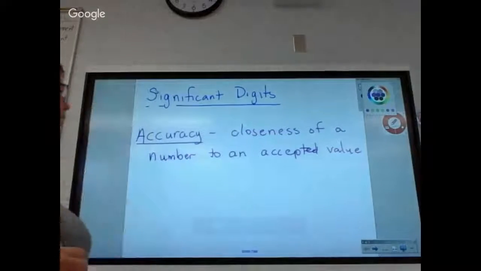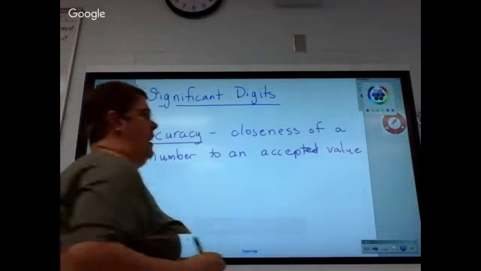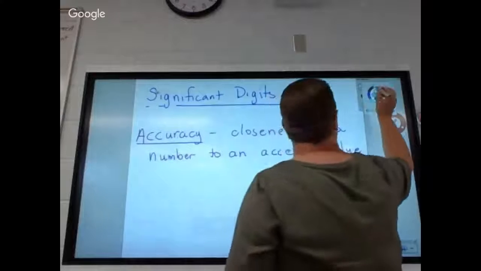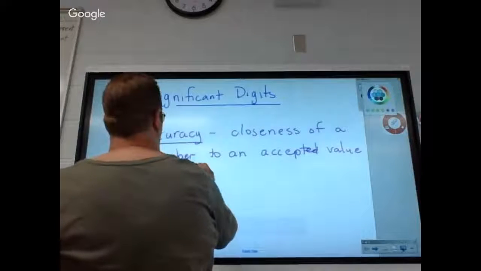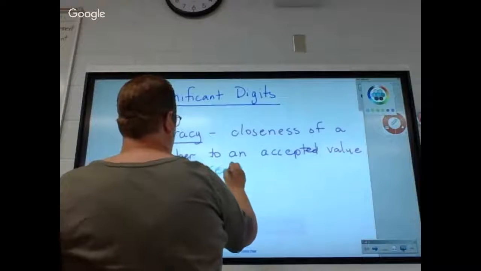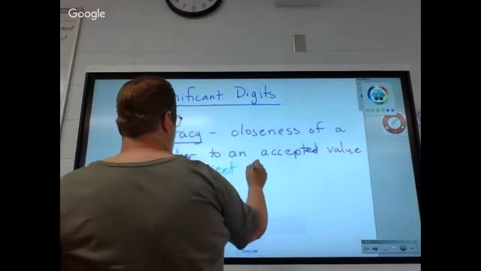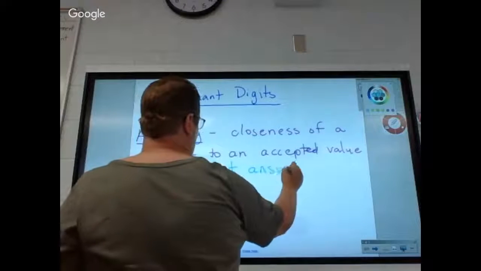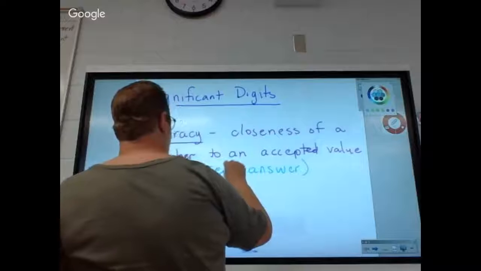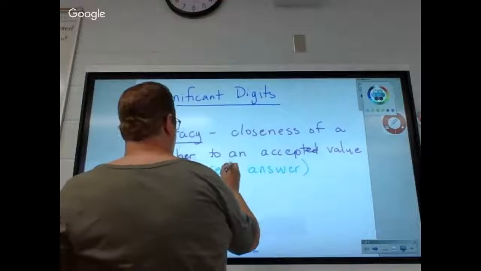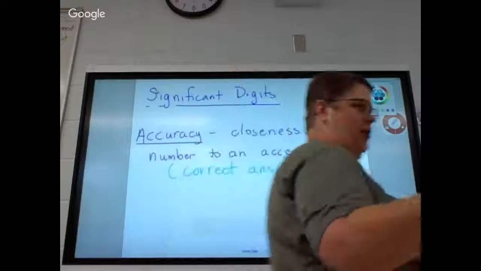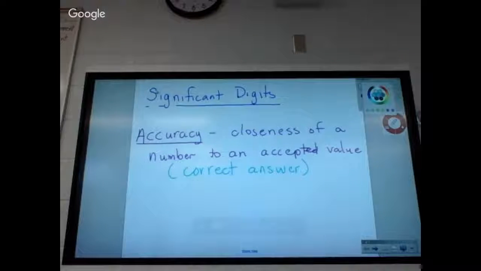Okay, the closeness of a number to an accepted value. That essentially means the correct answer. So, hopefully, for most of you today, you are accurate on your quiz. Because if you were accurate and got the correct answer, that means you scored well.